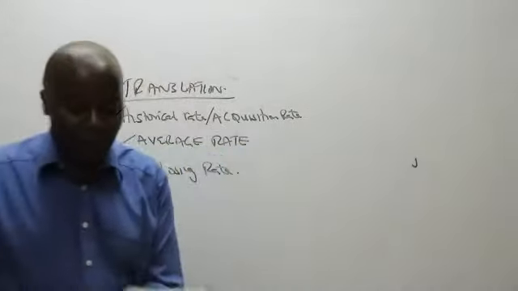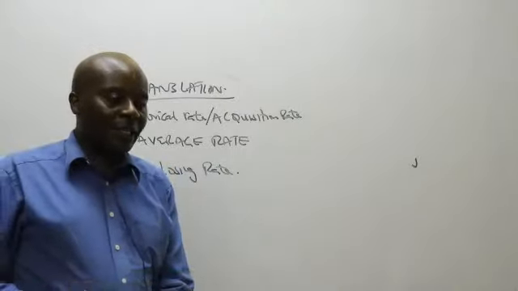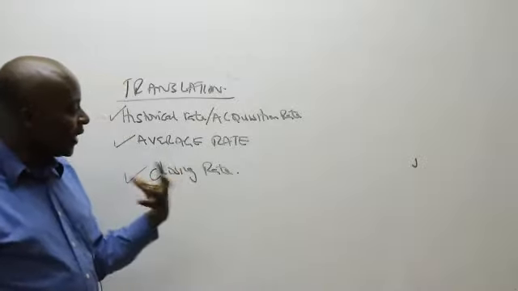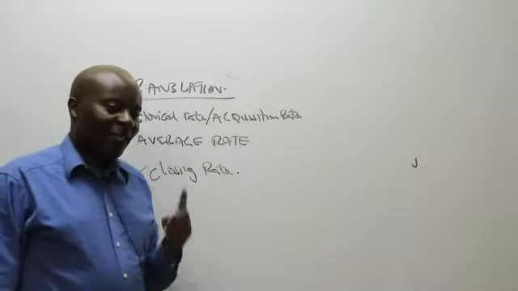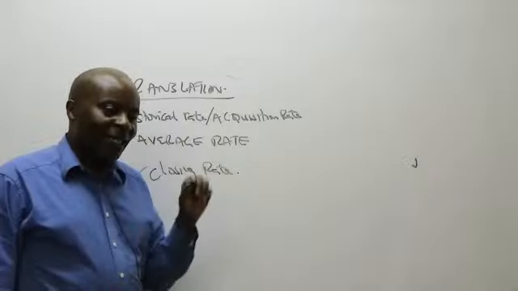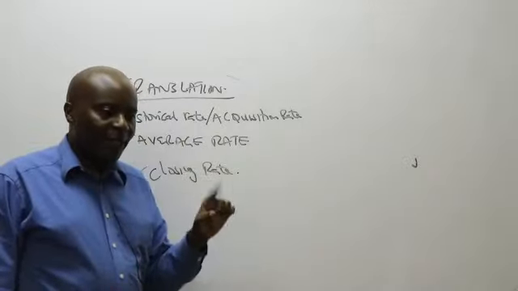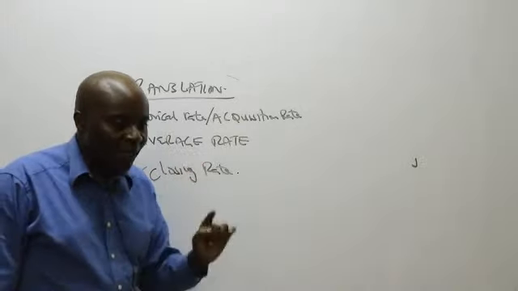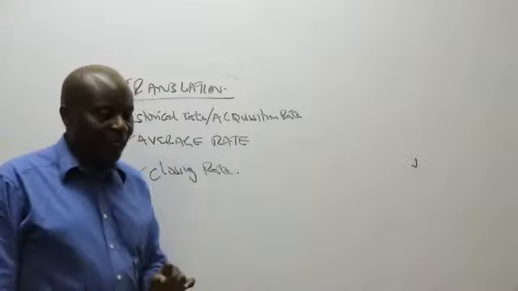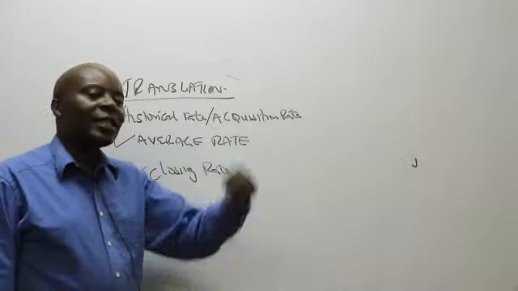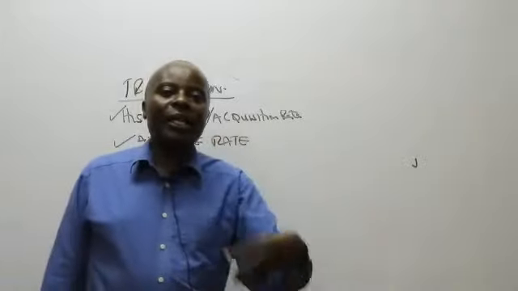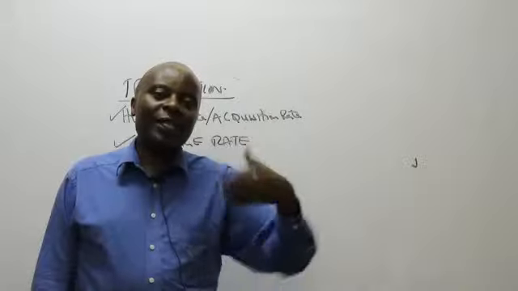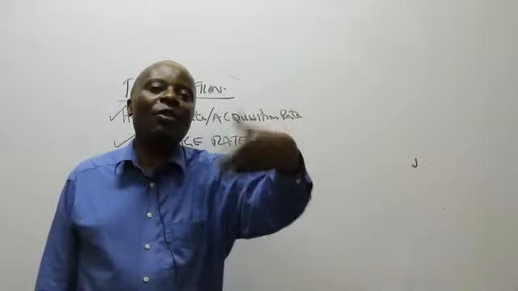So if I'm given these three kinds of rates, how will I apply them during my translations? There is one thing I will never forget, that income statement items always use the average rate. Income statement, things like sales. At times you will be told to use the historical rate. But sales, we have many of them in a year.